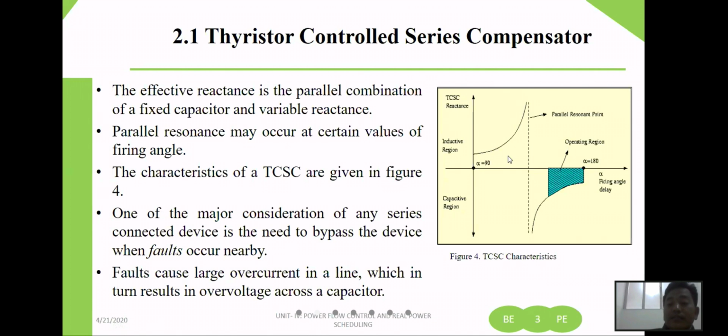In a TCSC, when you keep on increasing the firing angle, it will reach a certain point where both the inductive and capacitive regions function. That point is known as the parallel resonant point, and then maximum power can be transferred. And the general characteristic of this series compensator is that it has to bypass the fault.